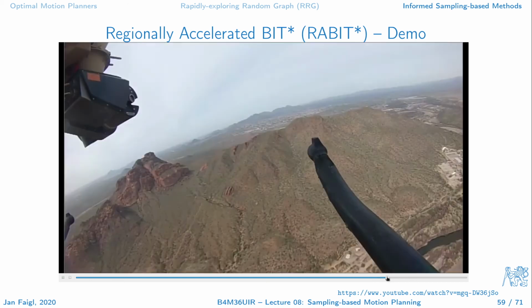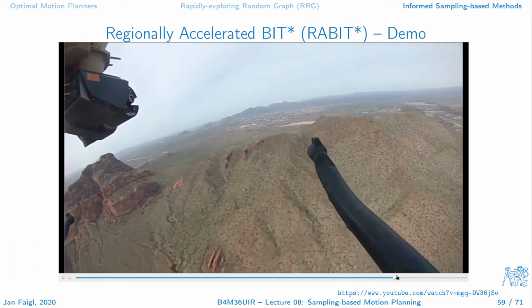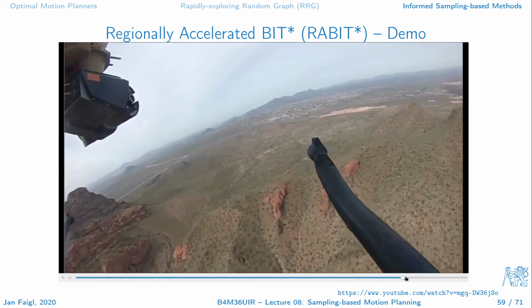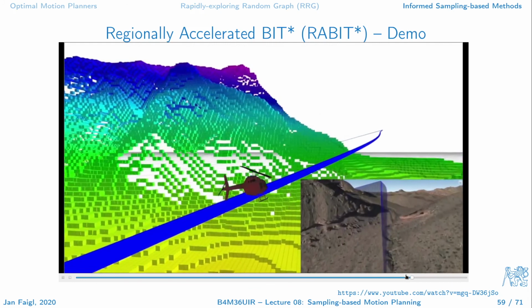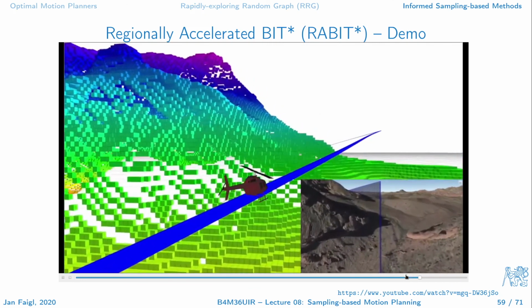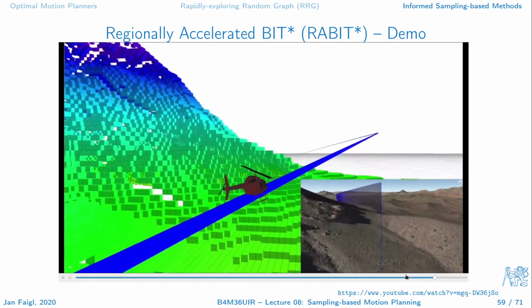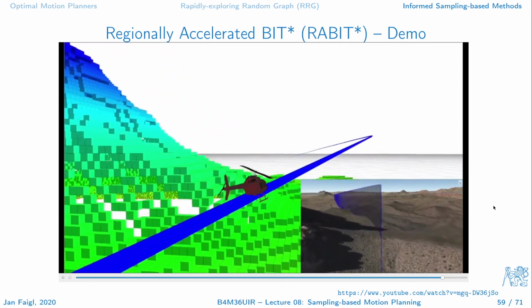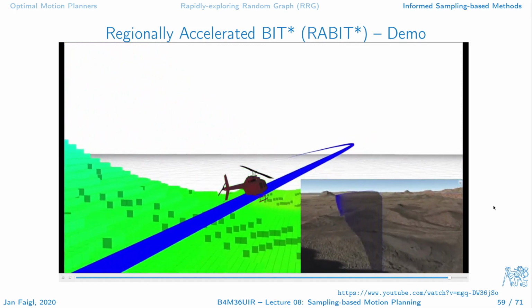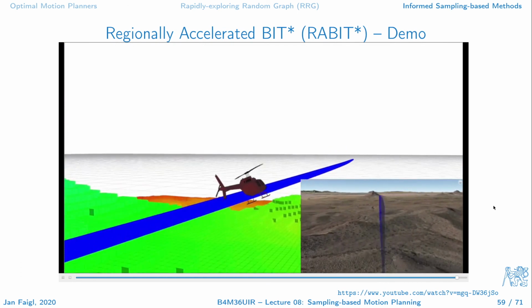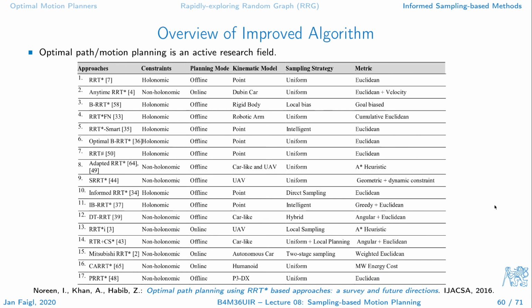And take a look, okay, in this case there is planning for an aerial vehicle. And you see that this has multiple applications, not only for toy examples, but also for robotic manipulators and flying drones. And if you are interested in sampling-based methods, I recommend you take a look at some surveys.